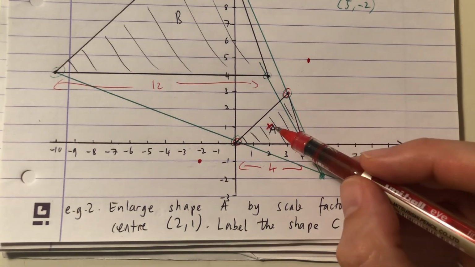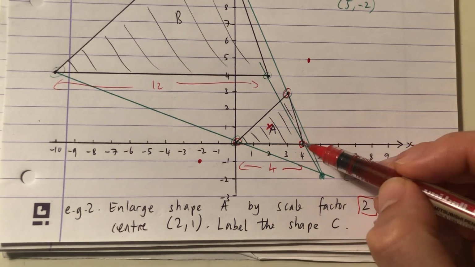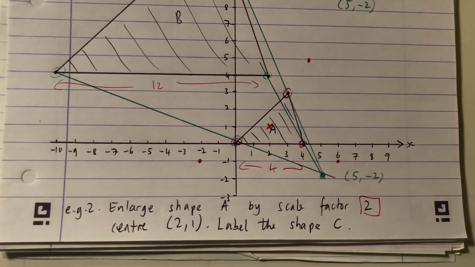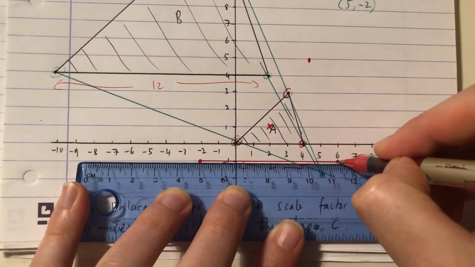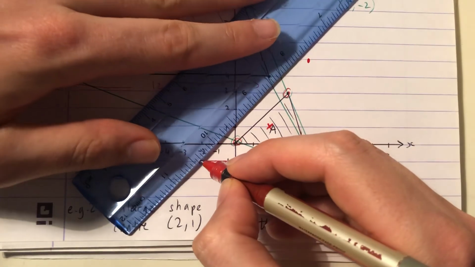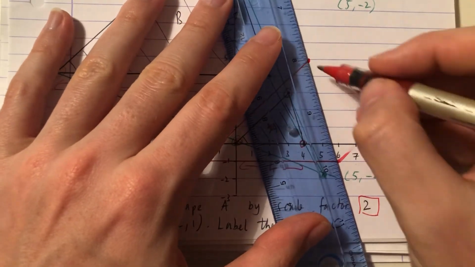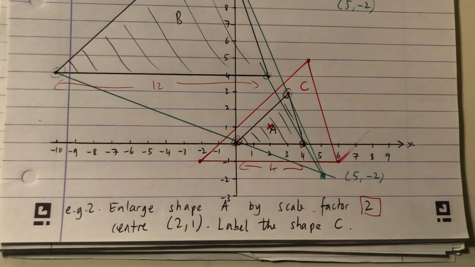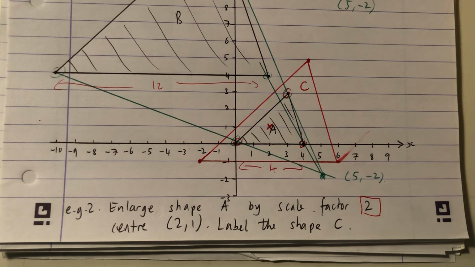And finally, this bottom point there is 2 right, 1 down. That needs to be 4 right and 2 down. So that goes there. And when you join the dots to get the actual shape itself, you should get something like this, and that shape is called C. And if you do a quick check, remember that original shape had bottom length of 4, this new shape has a bottom length of 8, so that does make sense.